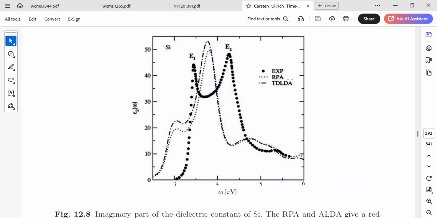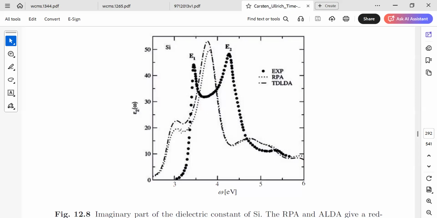Here is the experimental observation in the black circles, then the result of the random phase approximation, as well as the time dependent LDA. In the experimental observation, there are two peaks, E1 and E2. But in the case of RPA, the random phase approximation, and the LDA, there is only one peak, and it is also not in the proper place, and there is no second peak.